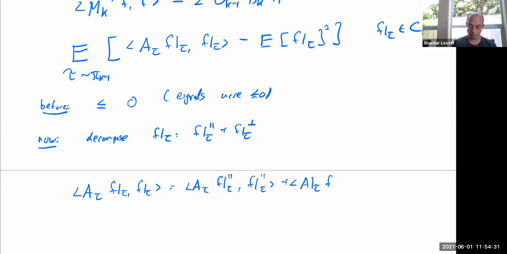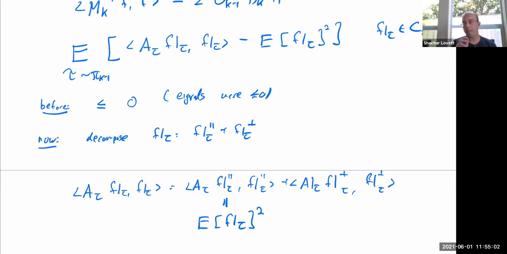These parts act differently, or orthogonally, on A tau, so they don't mix with each other. And what is this first part? What is f parallel tau? It's just the average of f on the link times 1. So this is just going to be equal to the average of f on the link squared.